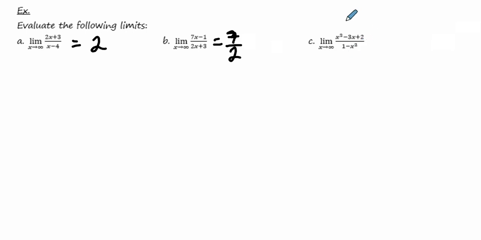So go ahead and think about what happens if you plug 1 million in here. And if you absolutely need to use your calculator, go ahead and put this fraction into your calculator and see what happens when x gets really, really big. When you plug in 1 million and you square that million, what's 1 million squared? A really big number, a huge number.